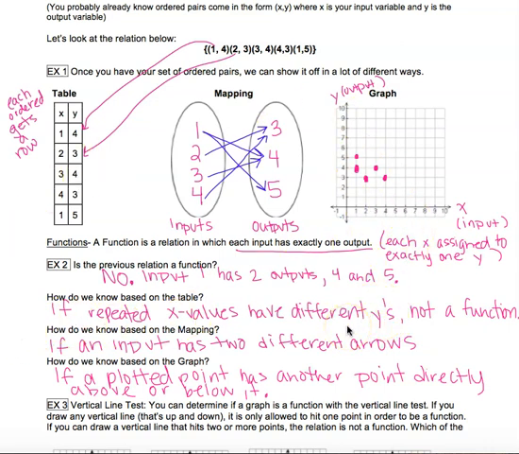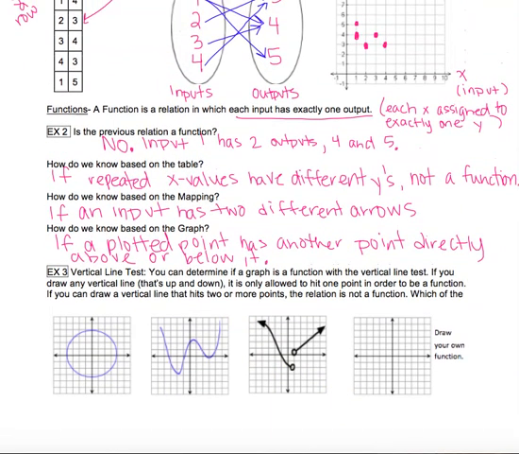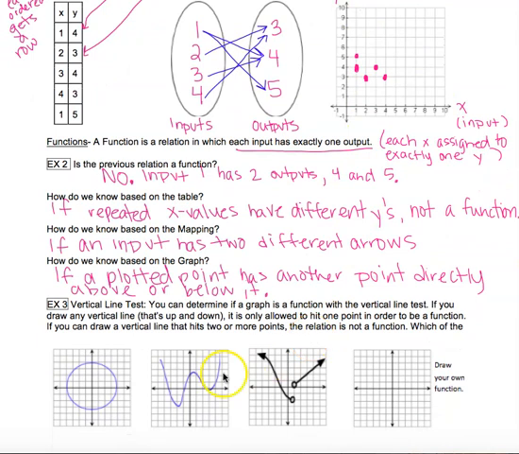Which leads us to our next important piece of information, which is the vertical line test. Sometimes all you're given is the graph. So if all I had was this graph and I knew the plotted points, if they lined up directly above and below, that wouldn't be a function. But sometimes we don't have plotted points. And so we have to look at an actual picture.